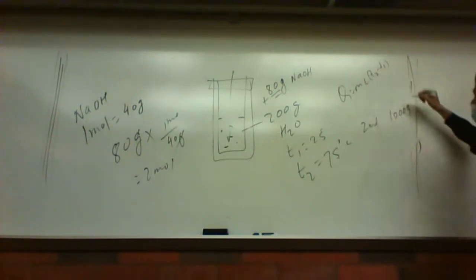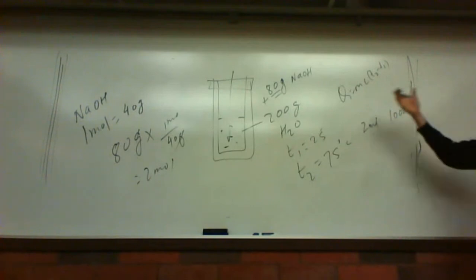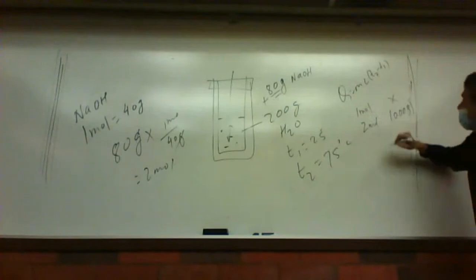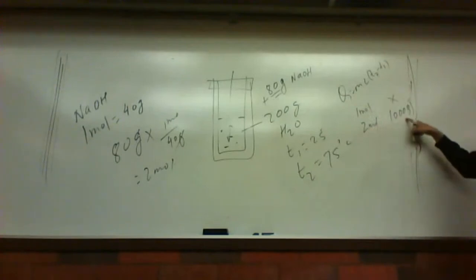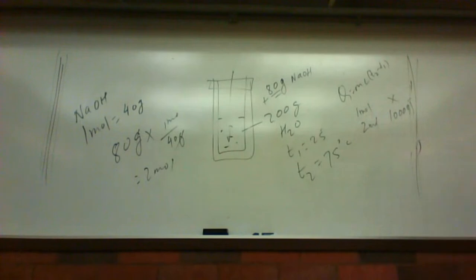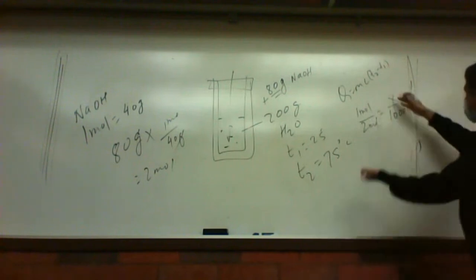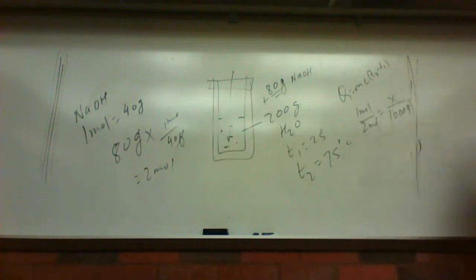Now, your job is to calculate the energy in 1 mole, so you put 1 mole, and then you put X here. So if 2 mole need 10,000 joule, 1 mole need how much? 5,000, right? Simple. You take the ratio, and you calculate the value of X. Make sense? Easy. So it's one step further. Now, just try this problem yourself and see.